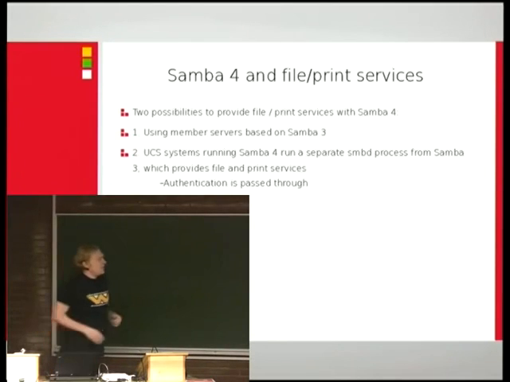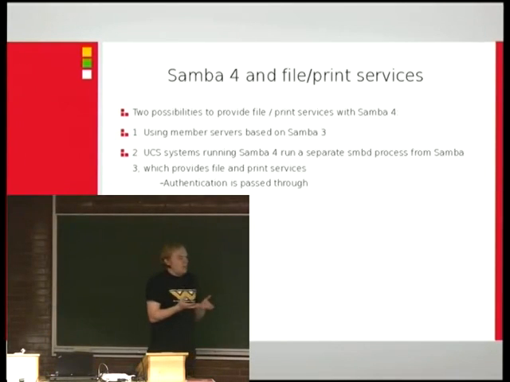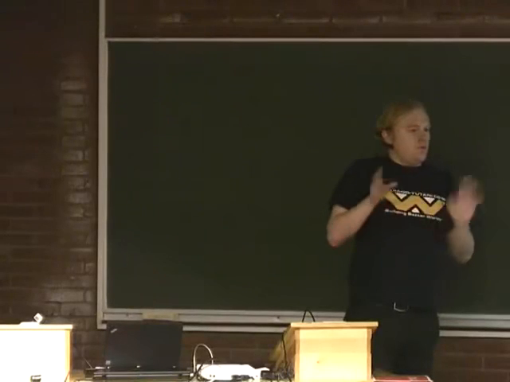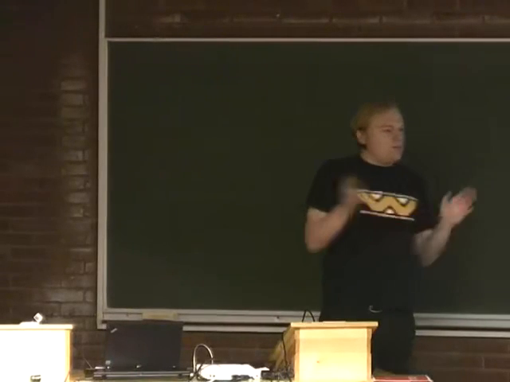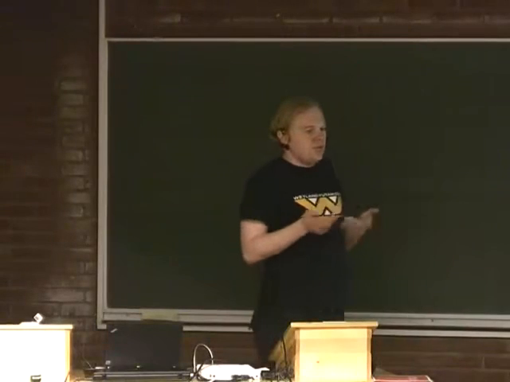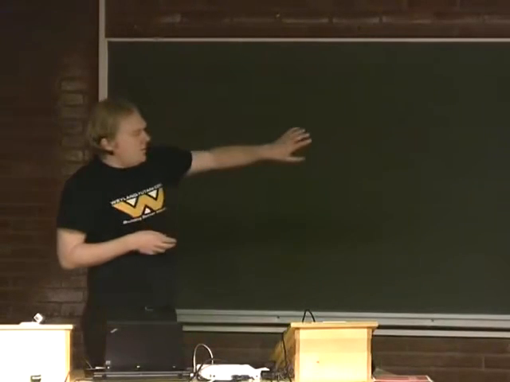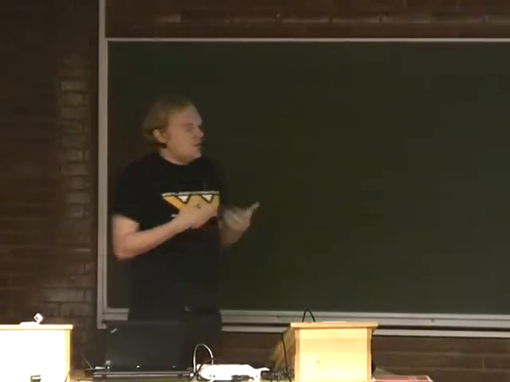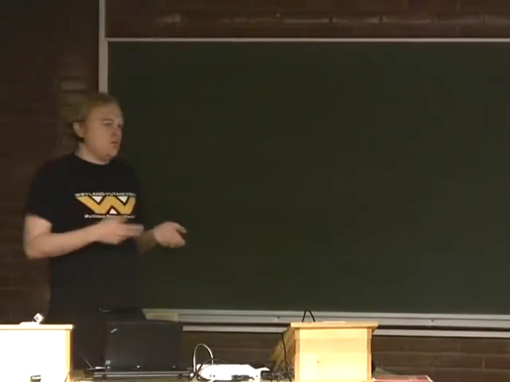The reason for that is that Samba 4 started to implement the file services in a new implementation, but at some point they decided to stop with this effort, and now it's only available for debugging purposes. And this kind of setup, which is outlined in the second point, is actually something which will probably be the default way of providing file and print services when there's a final release of Samba 4.